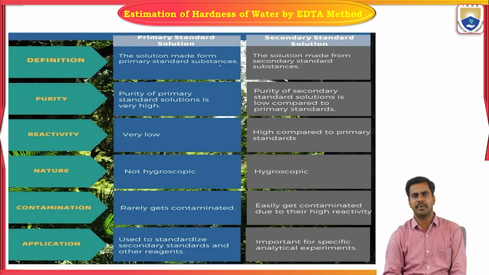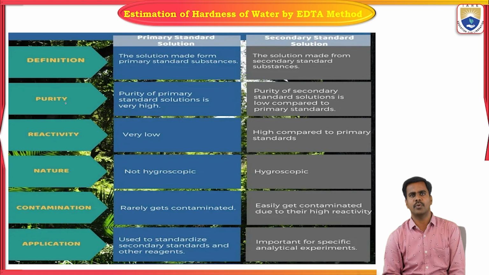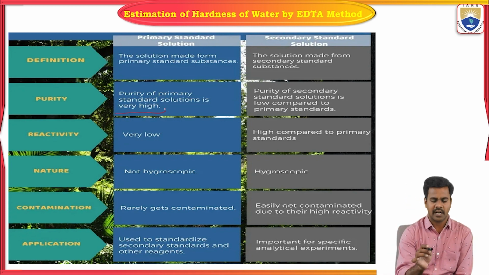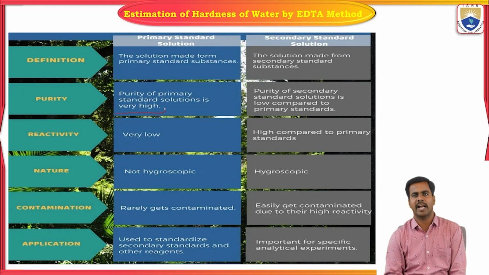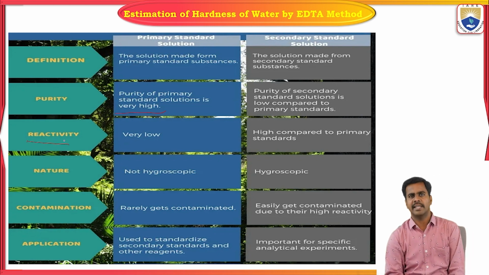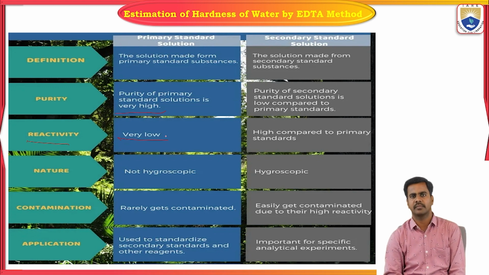Now, what is the difference between the primary standard and secondary standard? With respect to purity, the purity of a primary standard solution is very high, whereas the purity of a secondary standard is very low. And the reactivity of a primary standard is very low, and the reactivity of a secondary standard is very high.